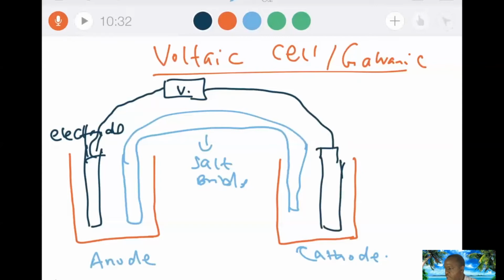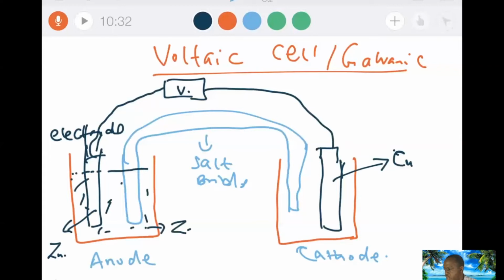And in your case, you'd be using copper. You'll be using zinc. And here is zinc sulfate solution.